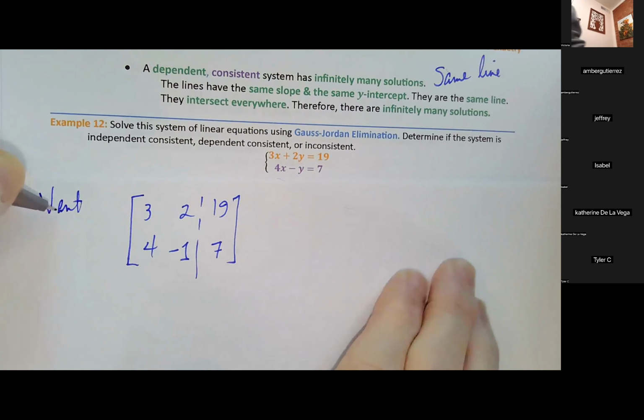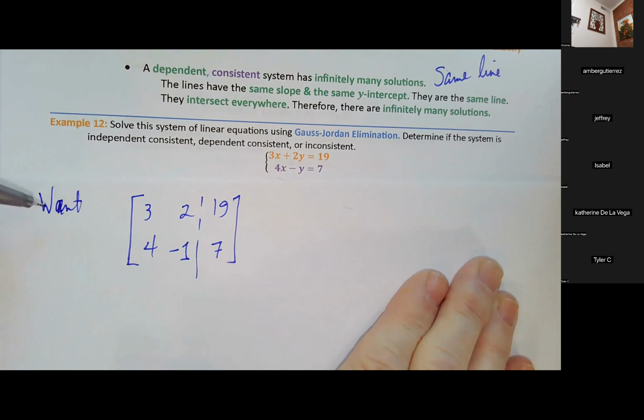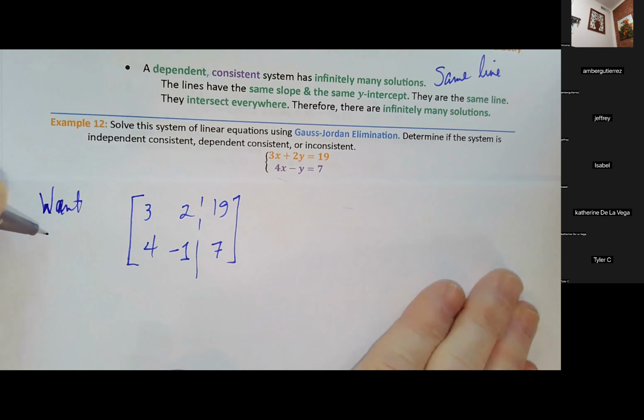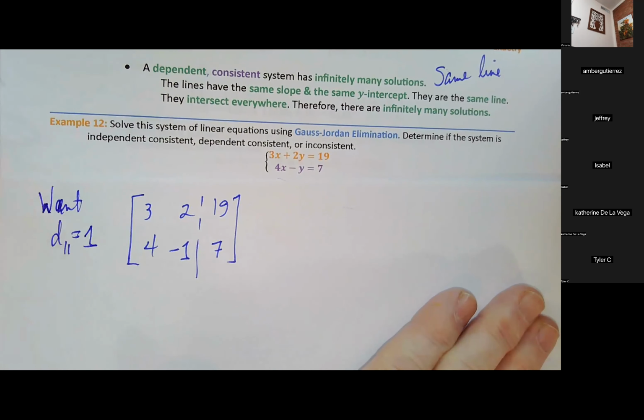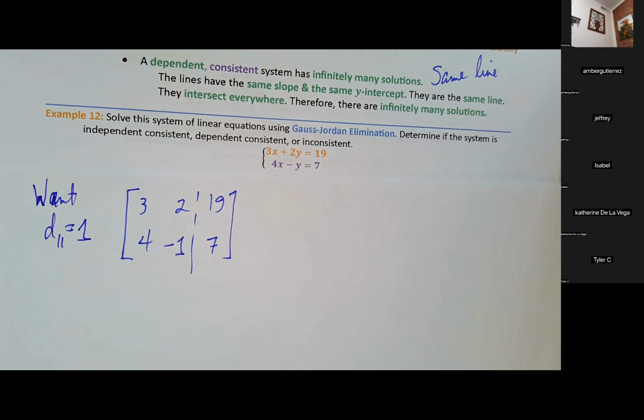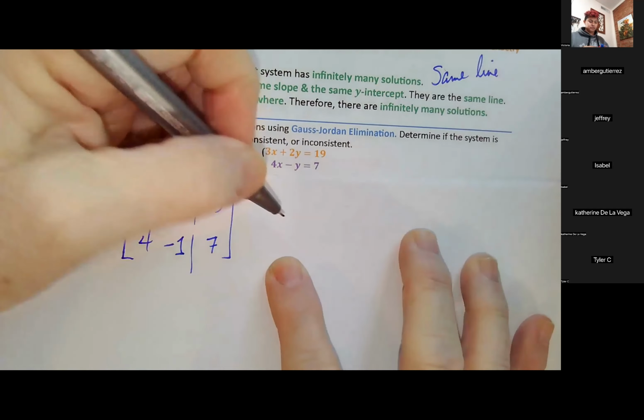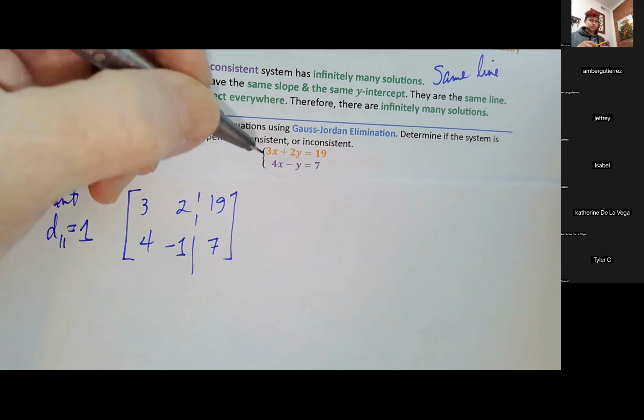What's our first goal? a11 equals 1. Excellent. How do you want to do that? You can subtract row 2 and row 1. Good. It looks like it's going to be 2 steps also.